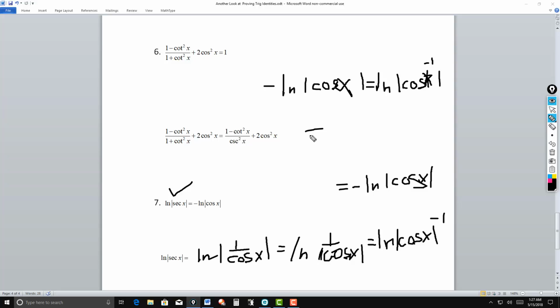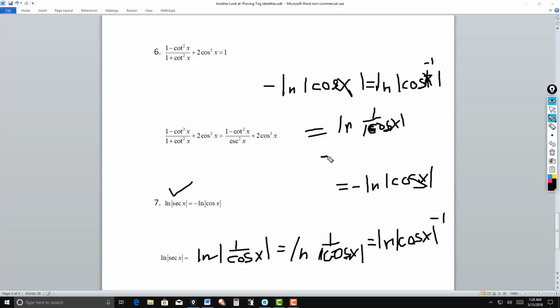And then this is the same thing as natural log of 1 over absolute cosine of x.